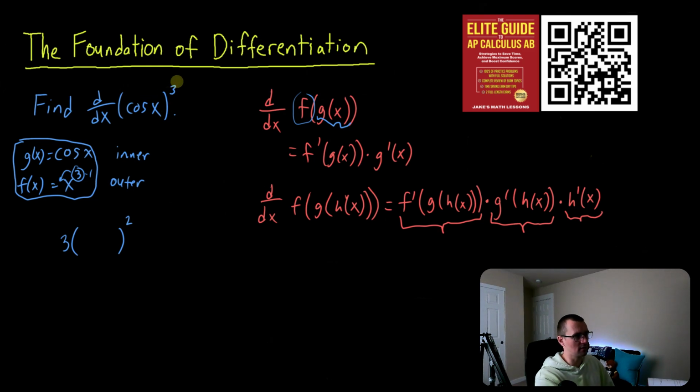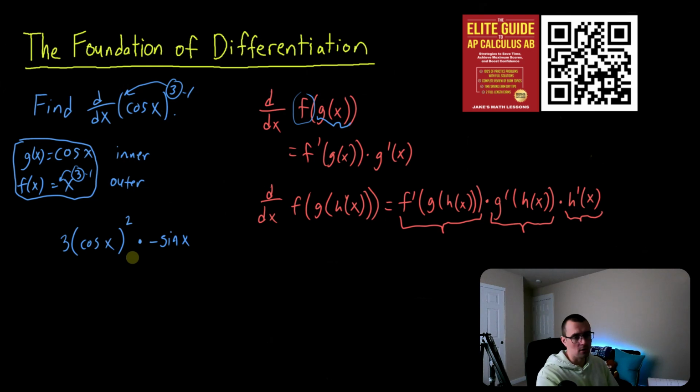So you take the derivative of the outer function, leave the inside function the same, so leave cosine x as cosine x, and then multiply that by the derivative of the inside function. The derivative of cosine x is negative sine x.